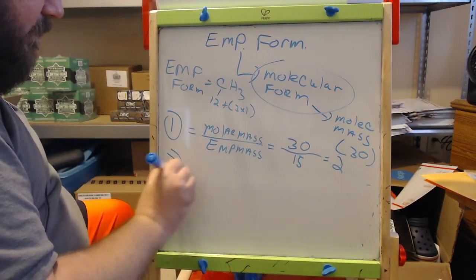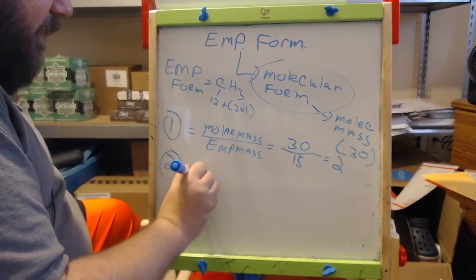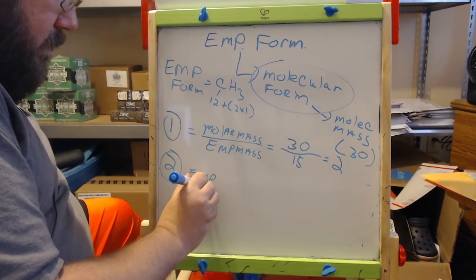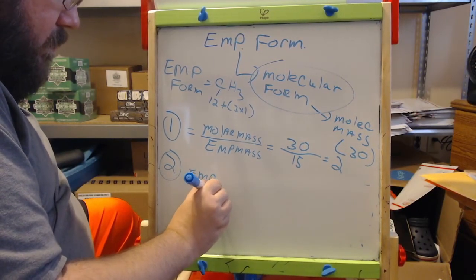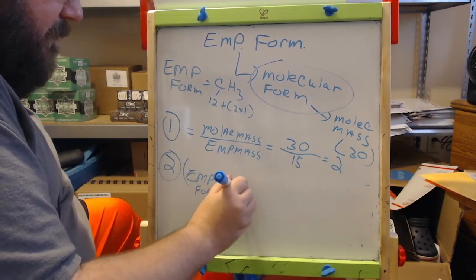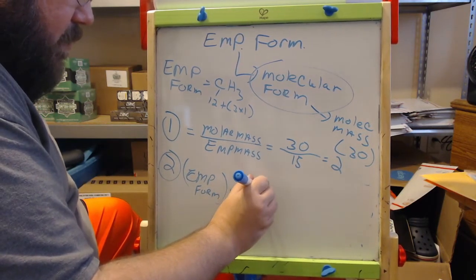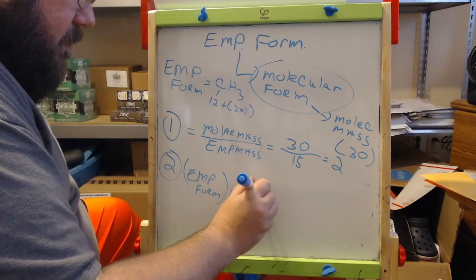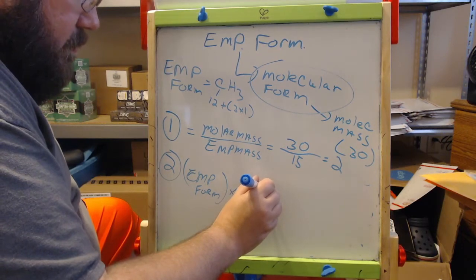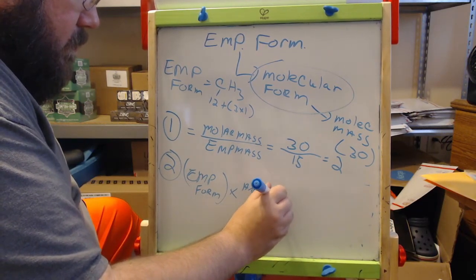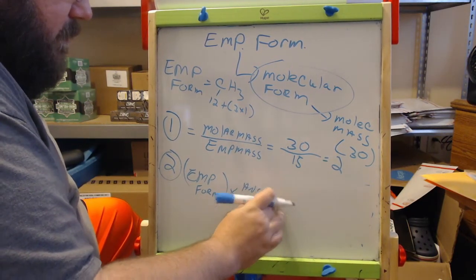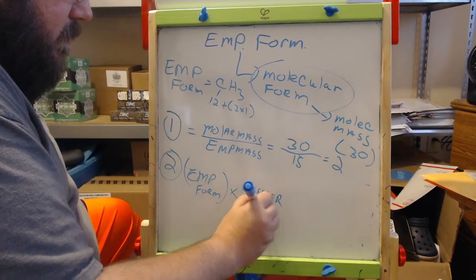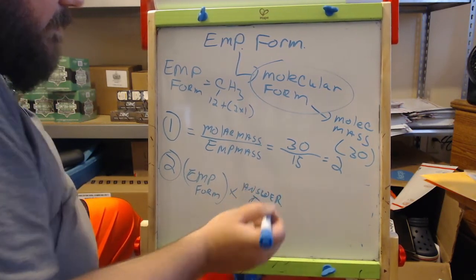Step 2, take your empirical formula and multiply it by your answer in number 1. I call it my X factor, but we'll say my answer from number 1.